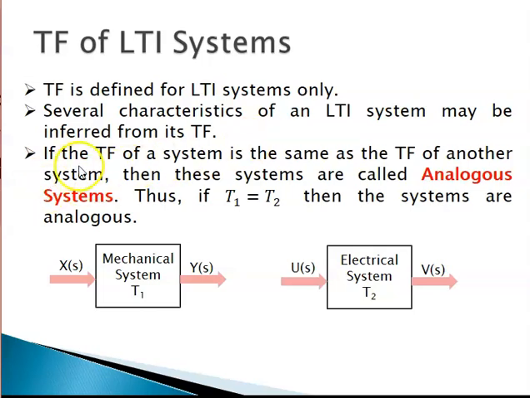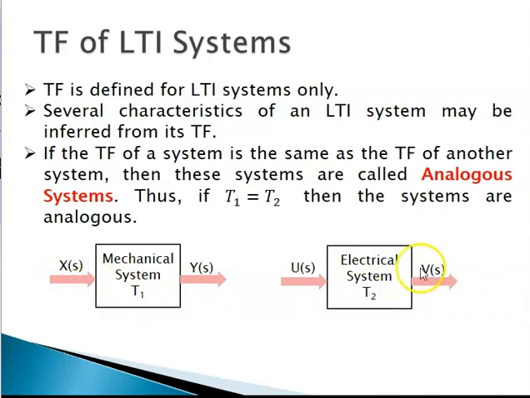If the transfer function of one system is the same as the transfer function of another system, then these systems are called analogous systems. Thus, in the sketch below, if you have a mechanical system with input X(s) and output Y(s), similarly an electrical system with input U(s) and output V(s), and if you take the ratio of Y(s) by X(s), call it transfer function T1.